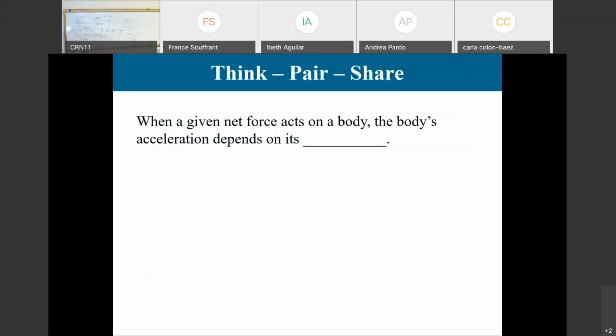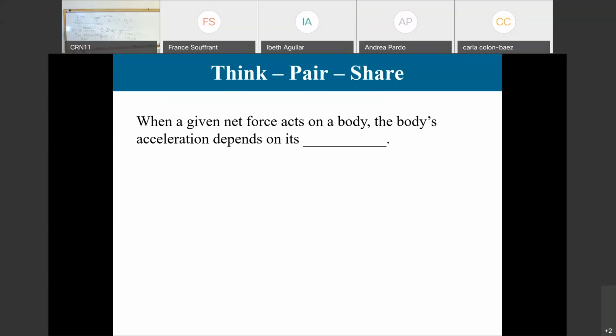When a given net force acts on a body, the body's acceleration depends on what, guys? According to Newton's second law, if you're pushing or pulling a body, what's the factor that affects the acceleration? The mass.